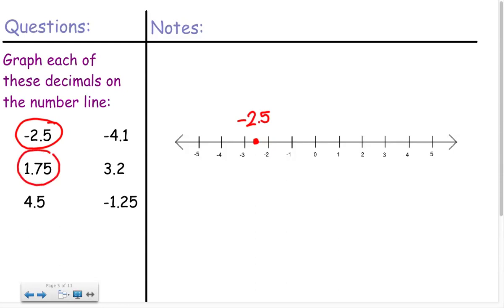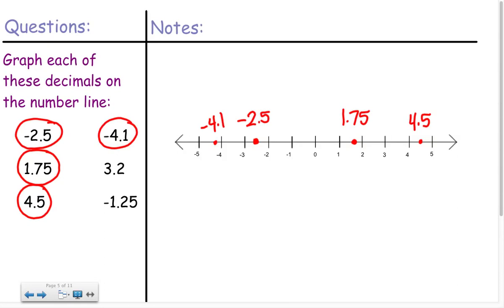1.75 is bigger than 1, but it's smaller than 2. So I'll put 1.75. 4.5 is bigger than 4, but smaller than 5. 4.5 actually goes right in the middle. Negative 4.1, it's negative 4 and a little bit more, so that's going to go right here, in between the negative 4 and the negative 5.